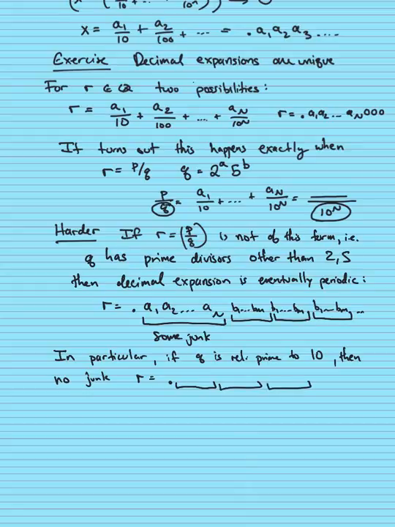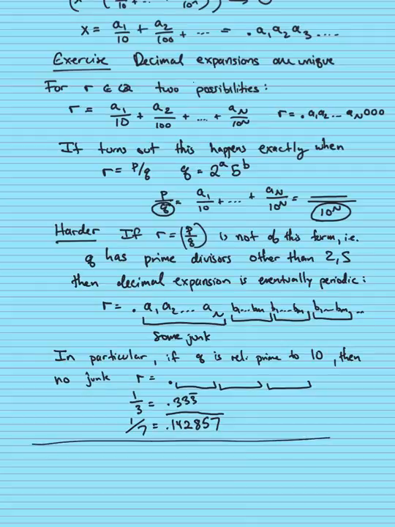For example, this is why you see 1/3 being 0.3 repeating, or 1/7 equal to 0.142857 repeating. This is something that I'm not going to talk about, especially since I'm only going to continue for a couple more minutes. But this is the general story.